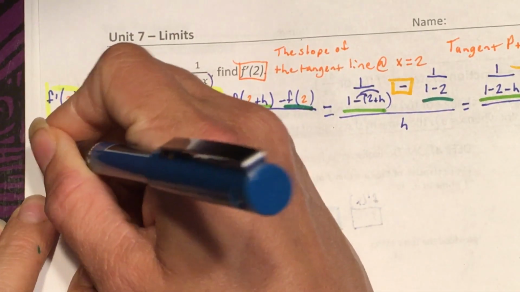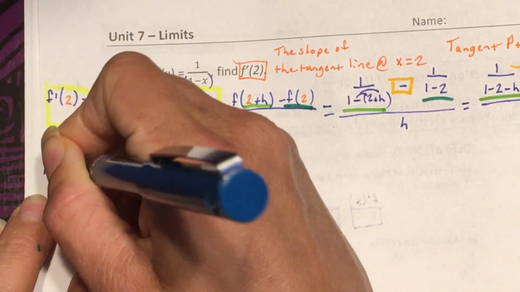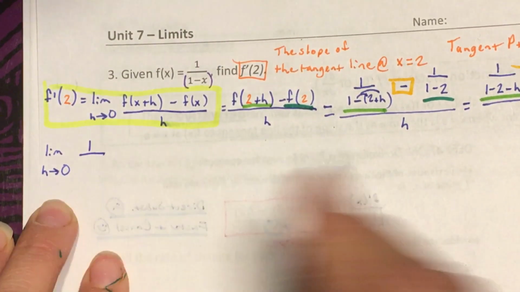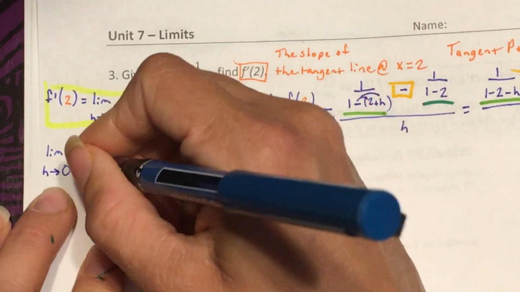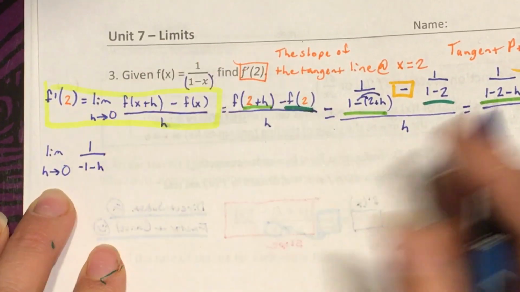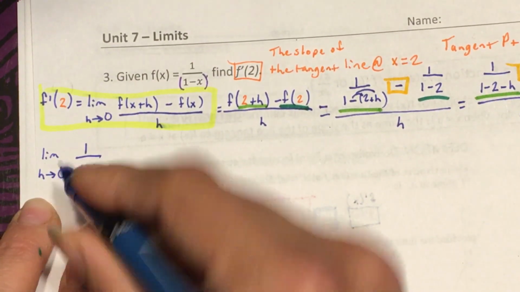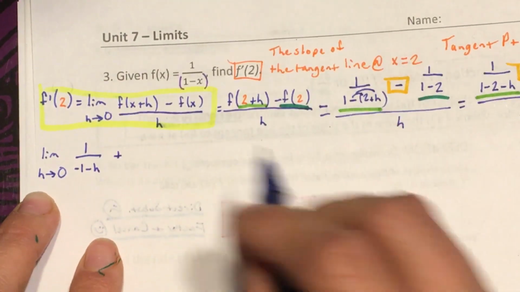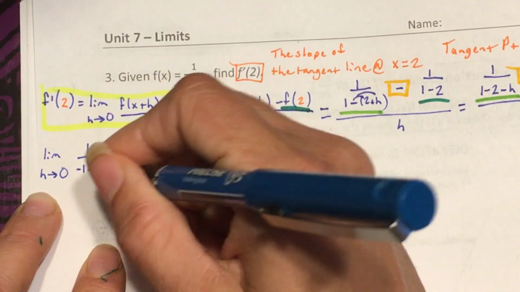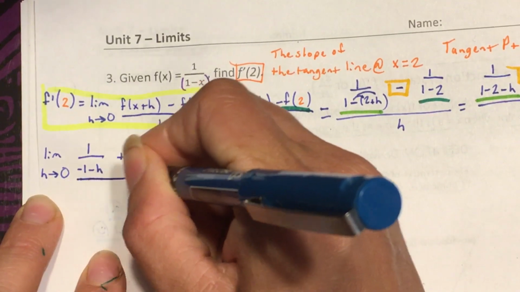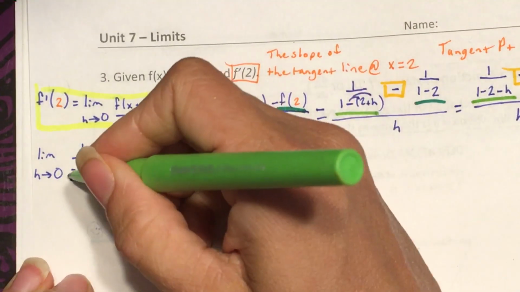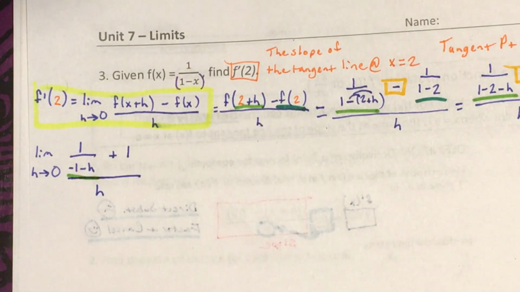So limit as h approaches 0, and then we have 1 over -1 minus h. So 1 minus 2 is -1, minus h. And then plus 1, all over h. Yeesh. So there's my first expression. There's my second.